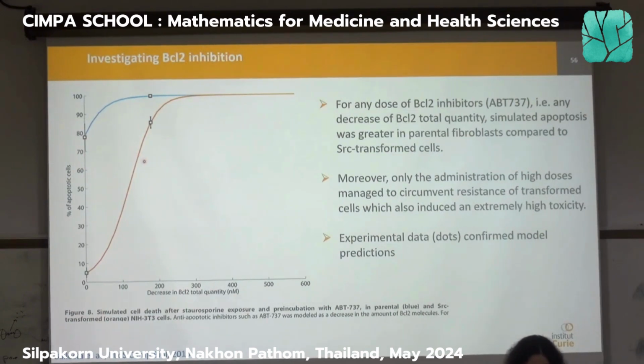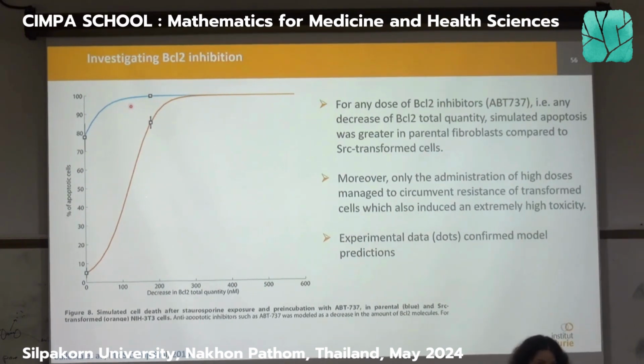But as for the staurosporine plus carbimazine combination, we also get quite a large amount of cell death in the normal cells. So the intuitive drug combination, which consists of putting staurosporine plus BCL2 inhibitors, is not working here. So this is another argument to say that we really need some optimization to find the optimal drug combinations.